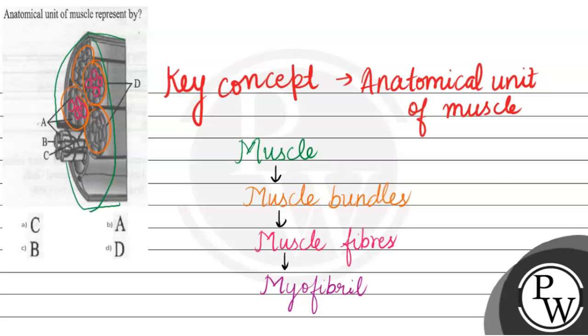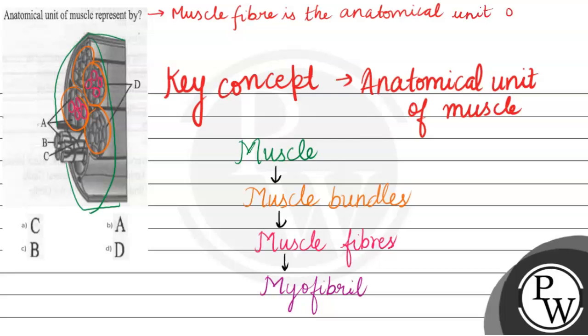And the thing is कि आपकी सबसे छोटी यूनिट कौन सी होगी मसल की, and that unit is muscle fiber. So we can write as muscle fiber is the anatomical unit of muscle. Now comes to the identification of ABCD as we have written here कि आपका जो D होगा, what is this D?